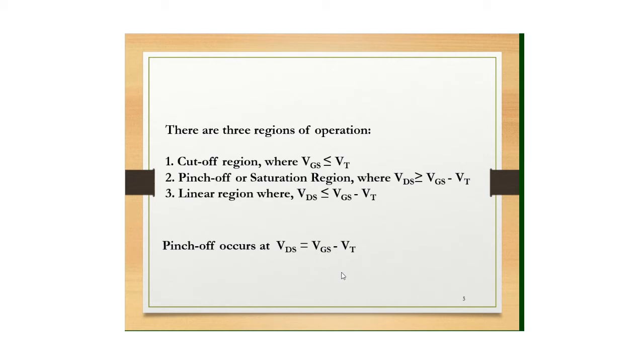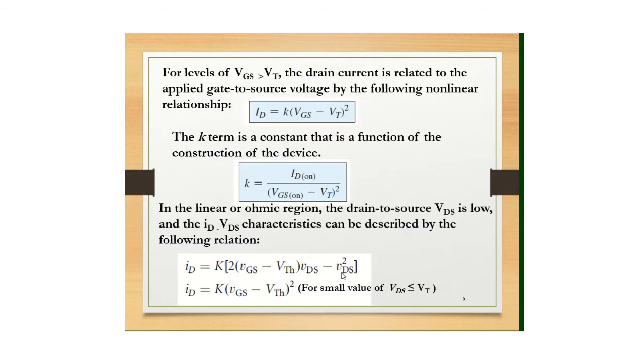Okay. So some parameters which we have to observe here and recall. As VGS is increased, that is voltage across gate to source is increased more than the threshold voltage, the drain current relation can be given with this nonlinear relationship with respect to gate to source voltage, which is given by ID equal to K times square of VGS minus VT, where K is the constant that's a function of construction of the device, which can in turn be measured from this relation.